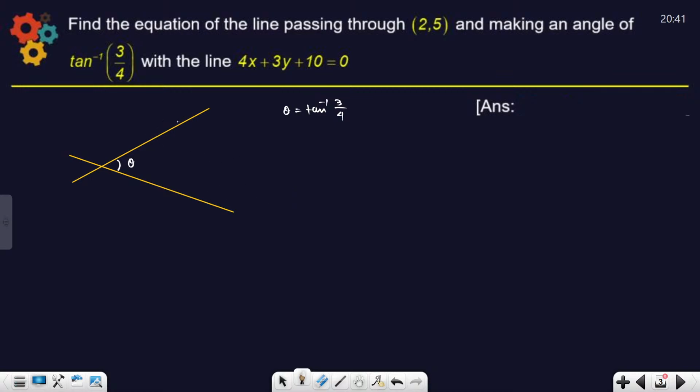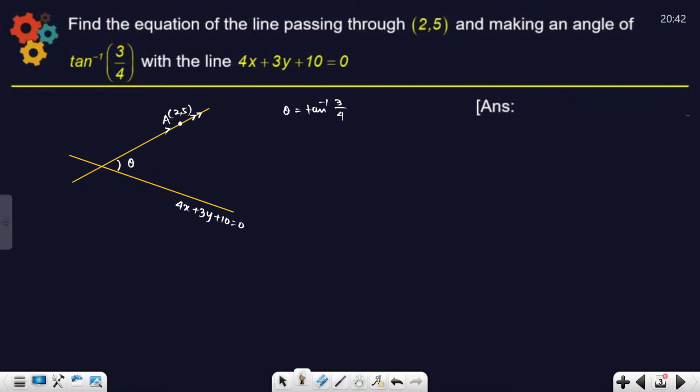Now this is my required line, passing through the point (2, 5). Let us denote this point by A. So now we have to find the equation of this line.